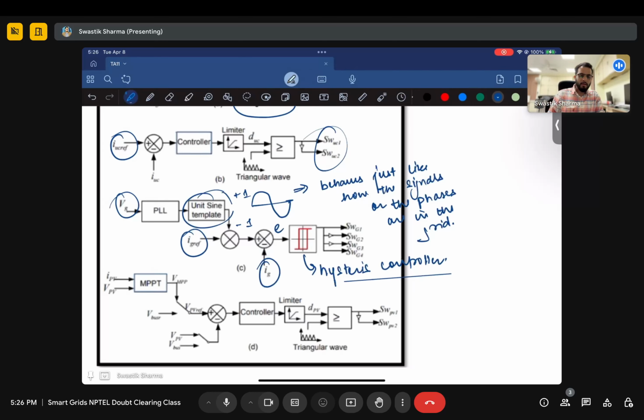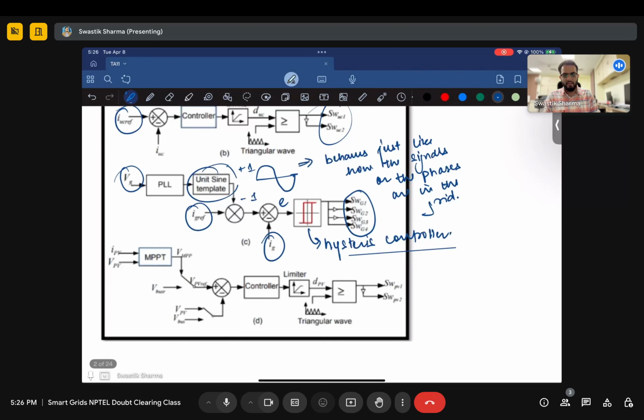Just like your PWM signal uses a duty signal, which is then compared with a triangular waveform, this hysteresis controller checks how much deviation there is right now between different signals, and then it produces switching or gating pulses based on that. So you produce four gating pulses.